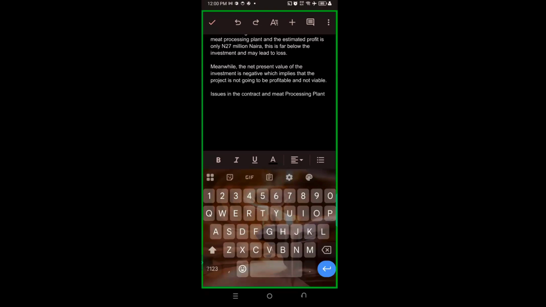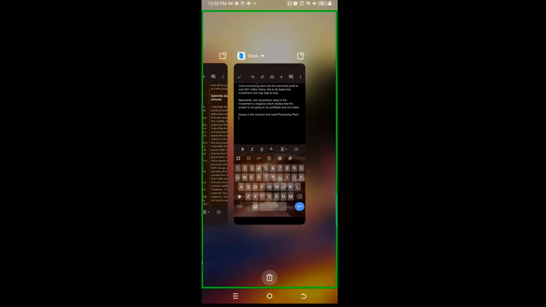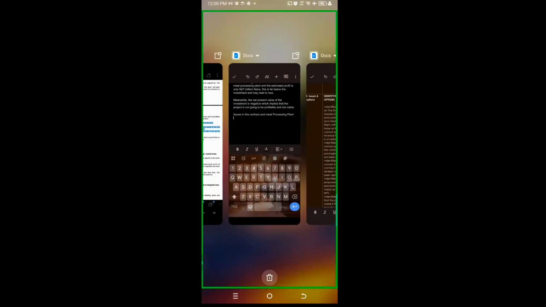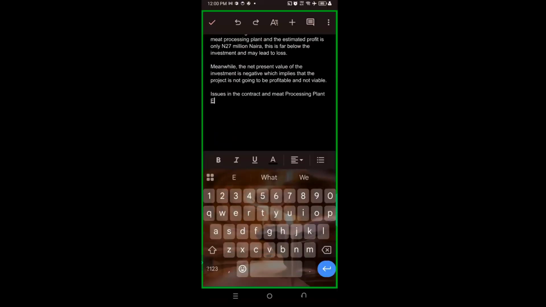Okay, what are those issues that they just mentioned? Evacuation of unsold products is an issue.